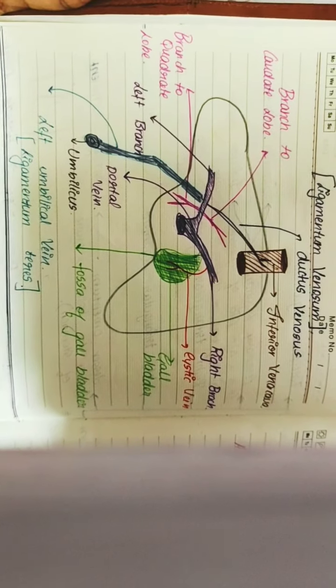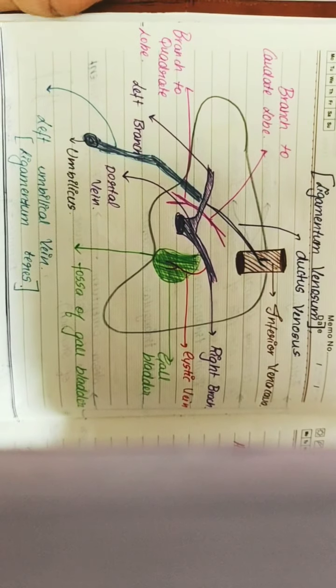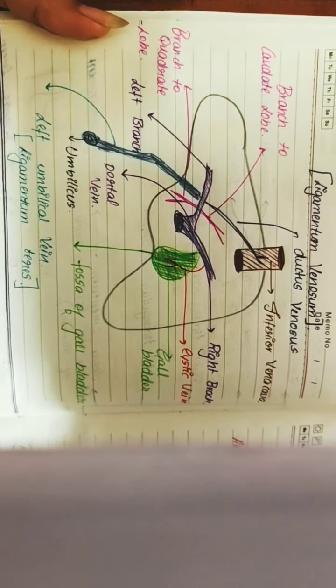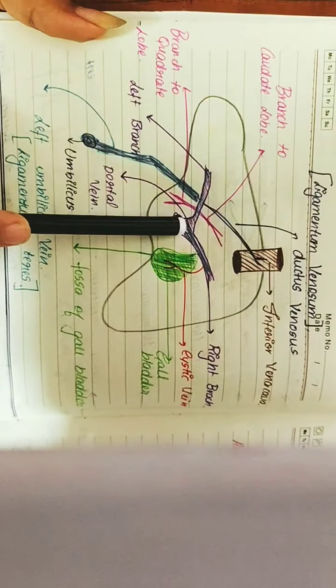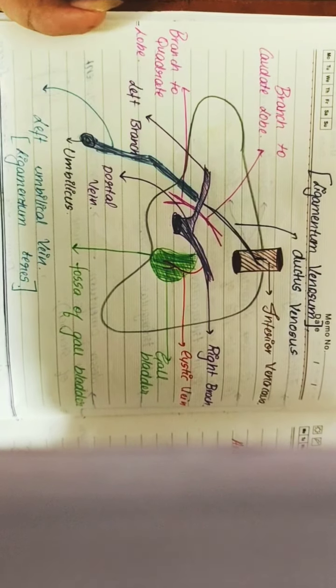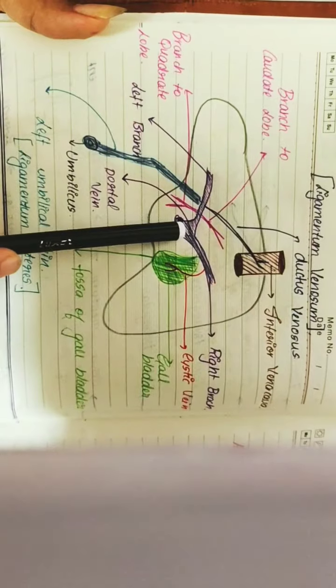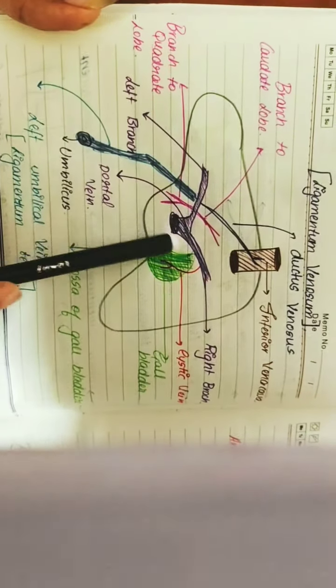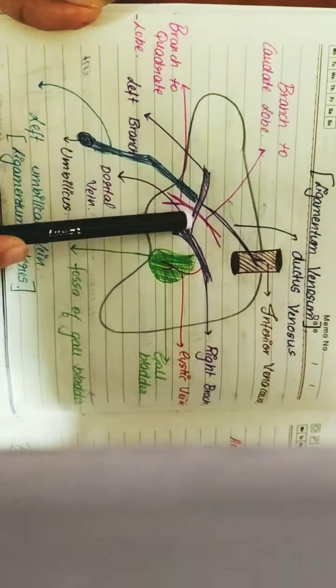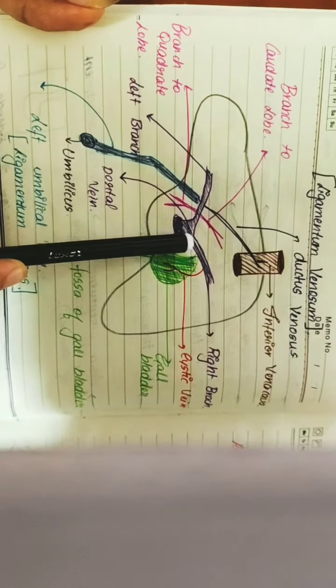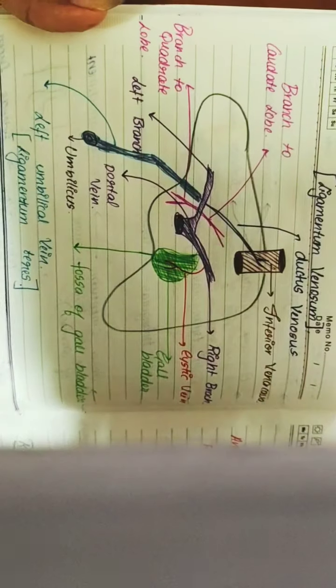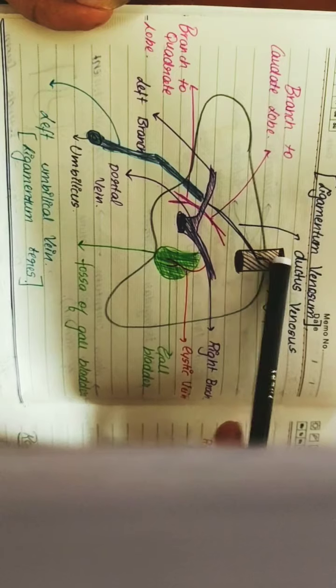If you want to know the connection of the Ligamentum venosum and Ligamentum Teres in fetal life, see, this is the portal vein. In the liver there is a portal vein. I'll explain about it briefly in the upcoming classes. The portal vein gives 2 branches, right branch as well as left branch. Here is the impression of the inferior vena cava.